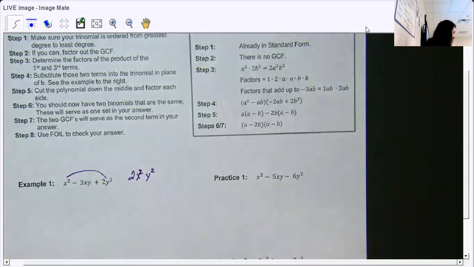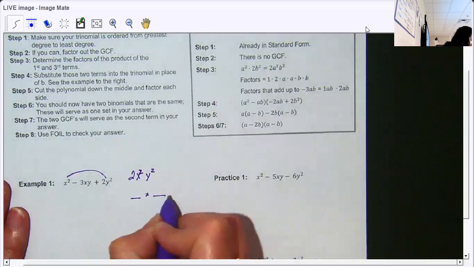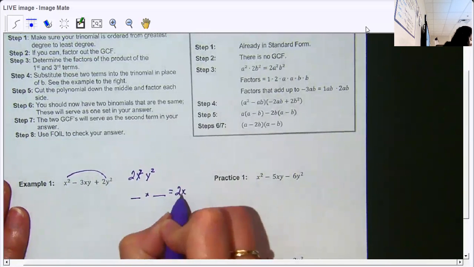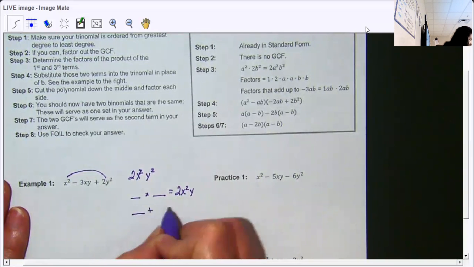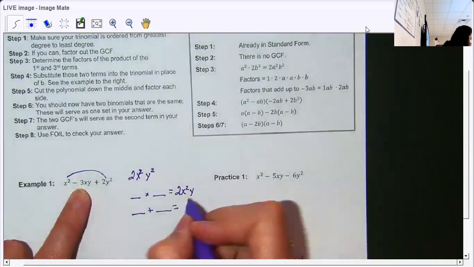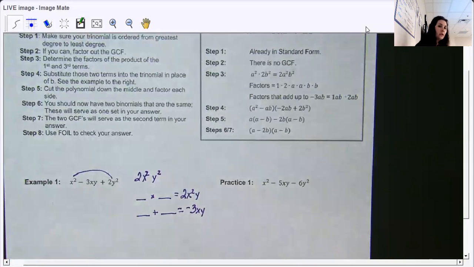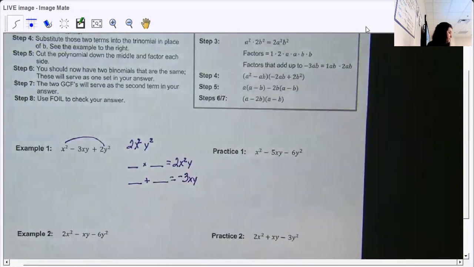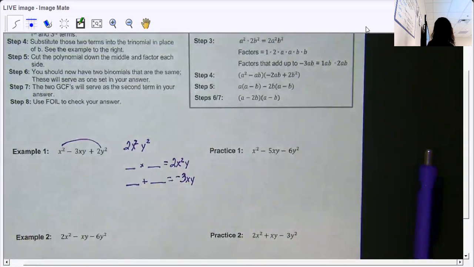Now we have to find factors that multiply to get 2x squared y squared. Then when we find those 2 factors, you take them and see if they add up to that middle term, negative 3xy. If you try 2 factors and it doesn't work, then try 2 different ones.